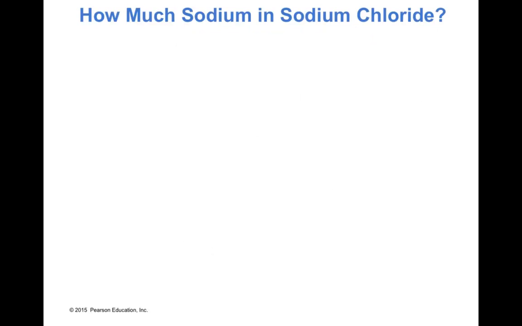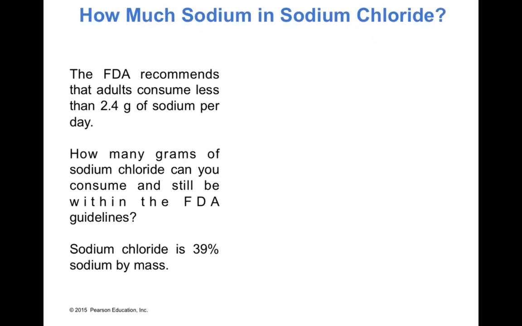So as we mentioned at the beginning of this video, the FDA recommends that adults consume 2.4 grams of sodium per day. So how many grams of sodium chloride can you consume and still be within the FDA guidelines? Sodium chloride is 39% sodium by mass, as we mentioned before.